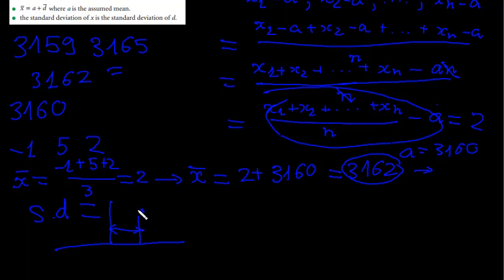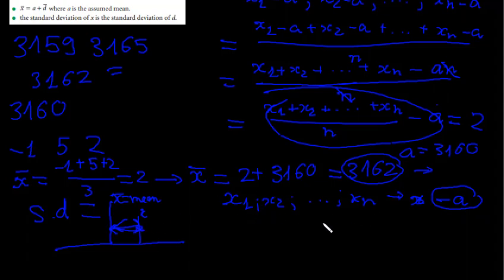When all of x1, x2, up to xn have a subtracted, the distance remains the same. So the standard deviation should remain the same too, no change.